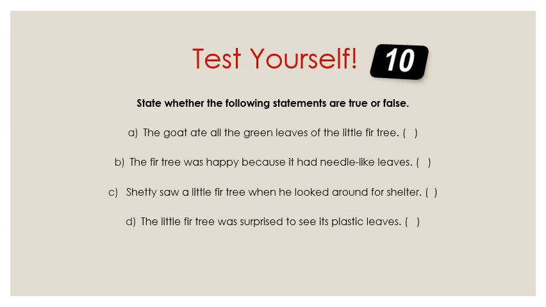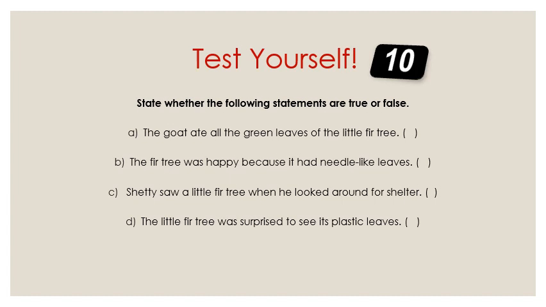So here's the question. State whether the following statements are true or false. Number 1. The goat ate all the green leaves of the little fir tree. Number 2. The little fir tree was happy because it had needle-like leaves. Number 3.